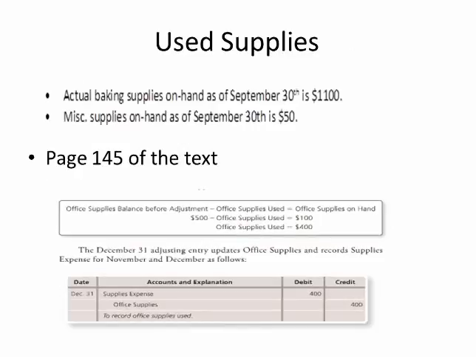Our next two adjustments record the supplies we used during the year. We'll have one set of transactions for baking supplies and one set of transactions for miscellaneous supplies. The problem tells us how much of each we have left at the end of the period. On page 145 of the text, we see that we take the amount of supplies we purchased during the period.